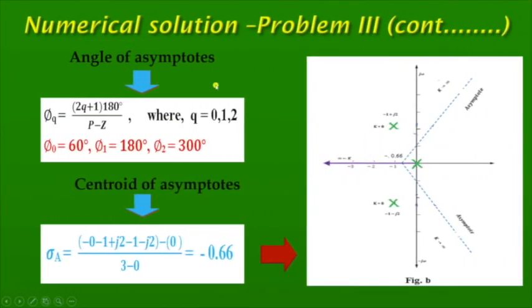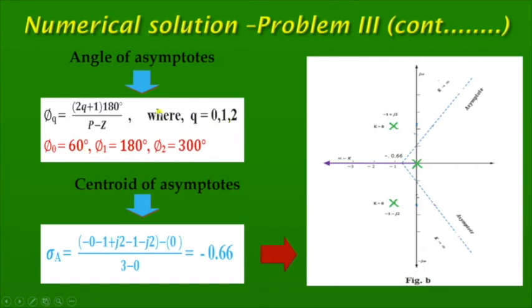Then find the angle of asymptotes. Theta k equal to (2q plus 1) into 180 divided by (P minus Z), that is 3 minus 0. So there are 3 asymptotes, that means calculate 3 angles of asymptotes. When k equal to 0, then this angle is 60 degree.